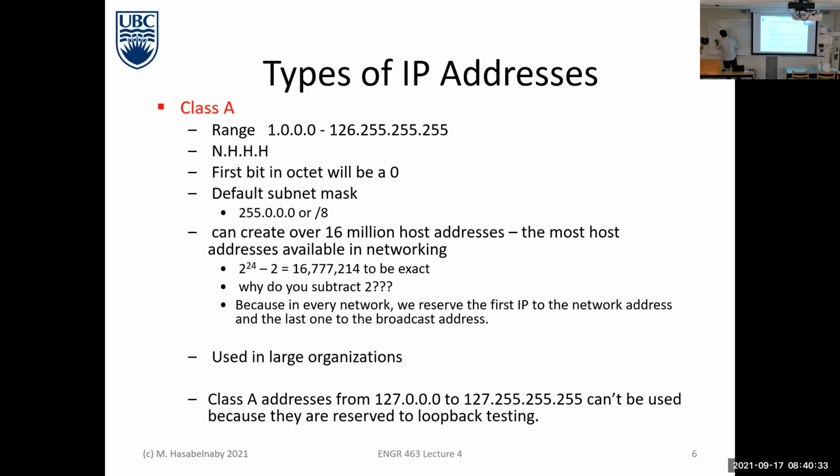The first IP address is 0.0.0.0, and the last IP address is the maximum. Okay, so this is the range of the IP addresses. We divide this range into some classes. Each class has its own properties.